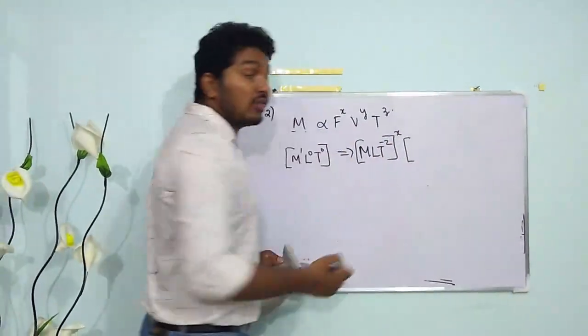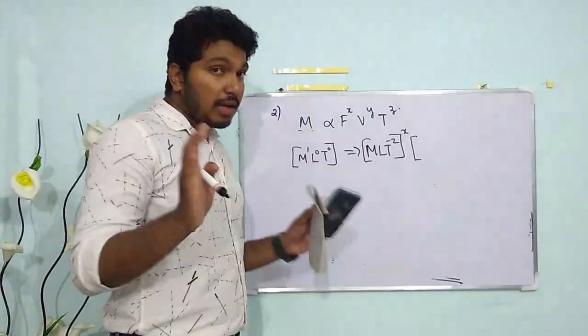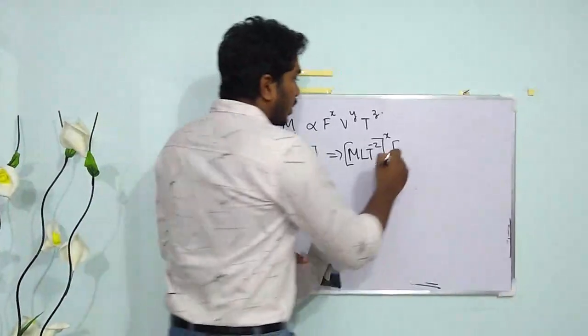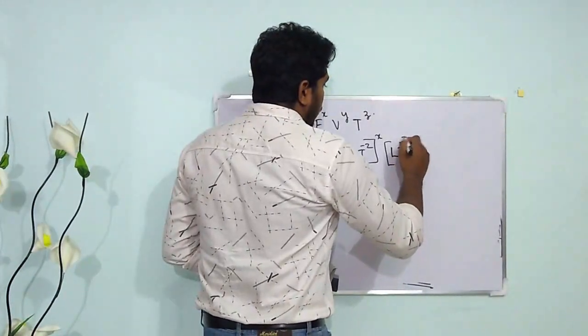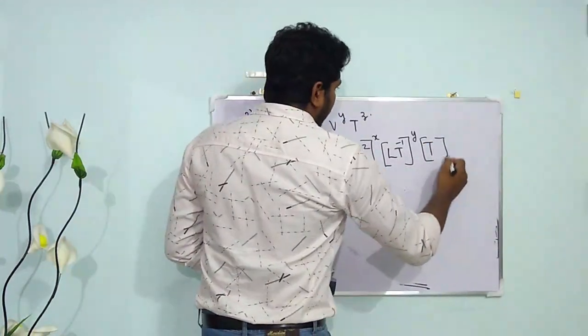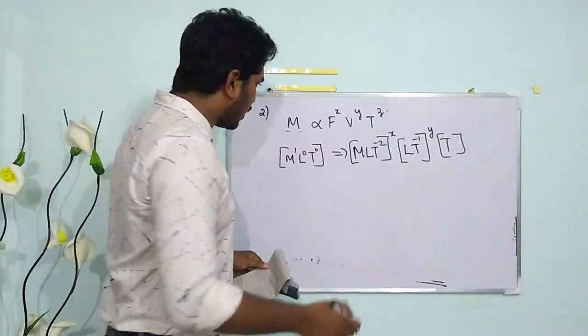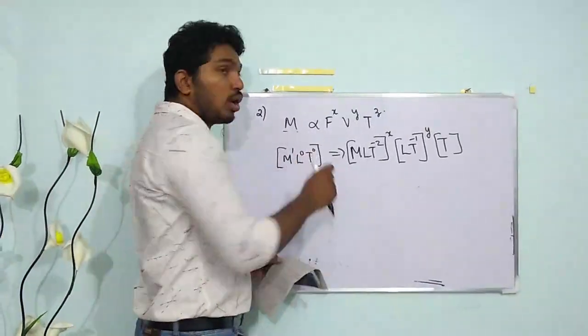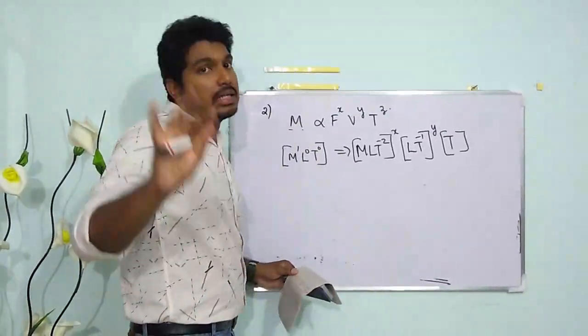What is the dimensional formula for velocity? Velocity dimensional formula is LT raised to minus 1, and the power is y. Now time itself, that's the dimensional formula, right?